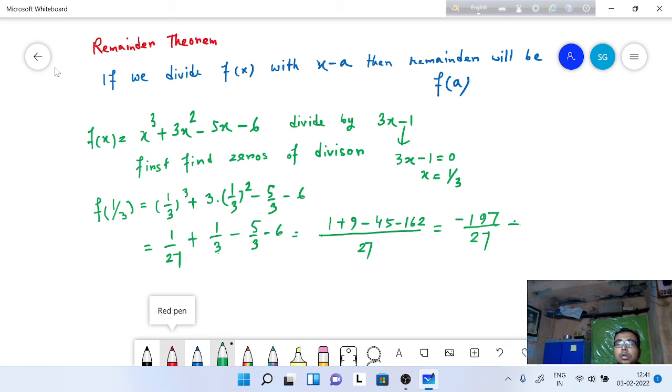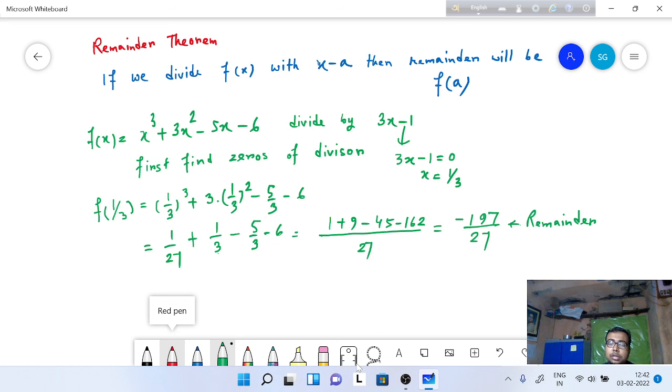So this is our remainder. Okay, so in this method we are getting the remainder without actually dividing. This is the process.